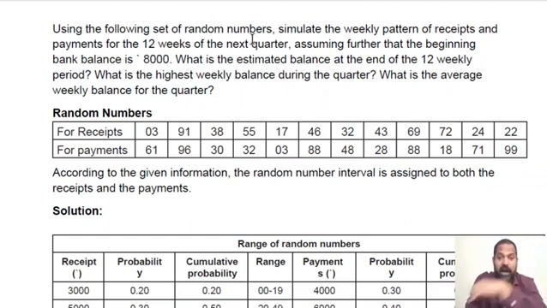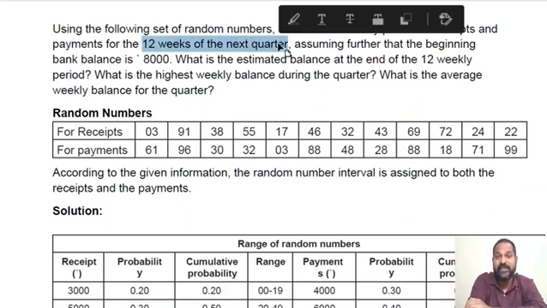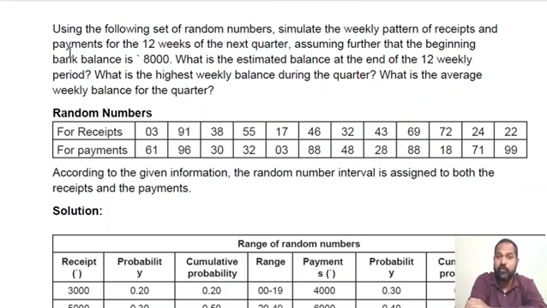A quarter is 3 months, a month is 4 weeks, 4 threes are 12. So for 12 weeks, they are asking you to simulate payments and receipts. Assuming further that the beginning bank balance is 8,000, what is the estimated balance at the end of a weekly period?